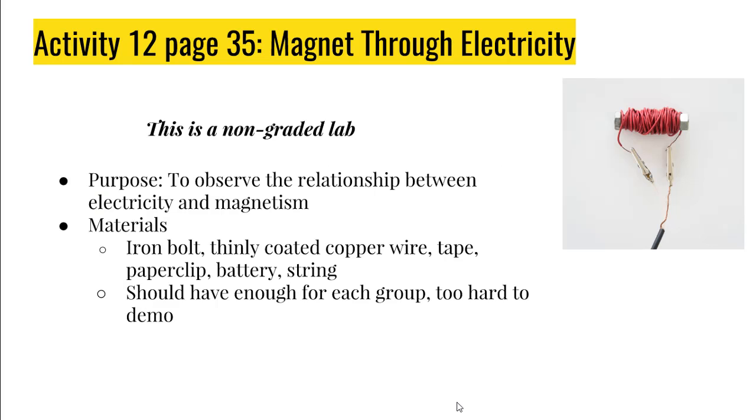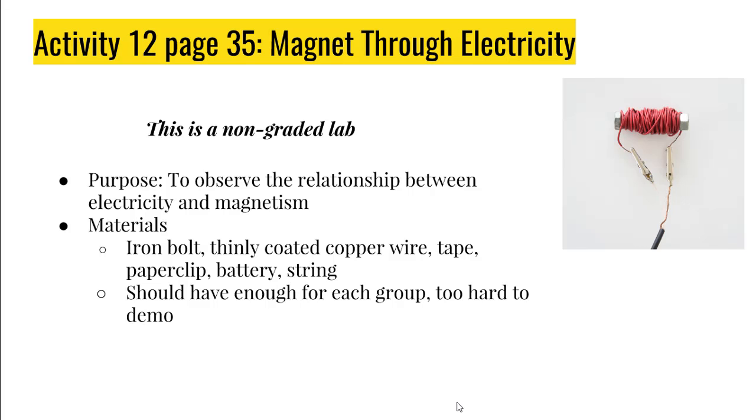Okay, Activity 12 here. This is a non-graded lab, and essentially what they're doing is they're looking at the relationship between electricity and magnetism. And for this one, you need the iron bolt, the thinly coated copper wire, tape, paper clip, battery, string, clips. It's kind of a lot.